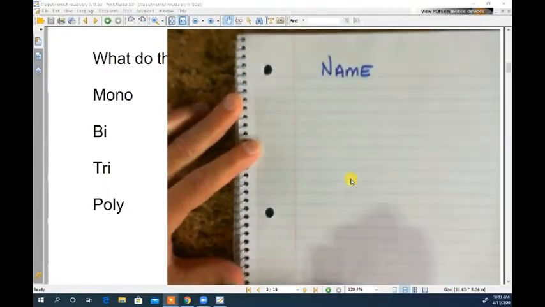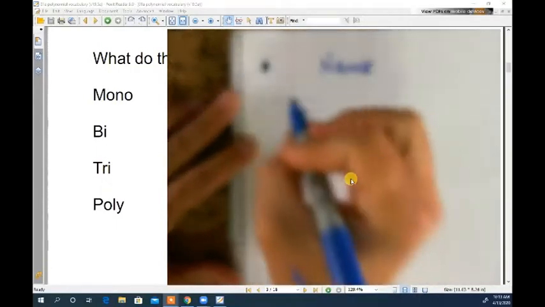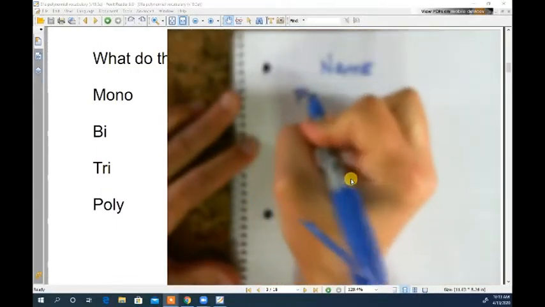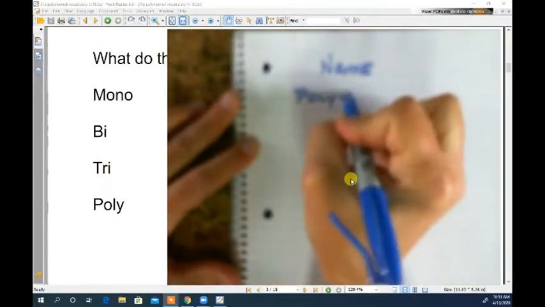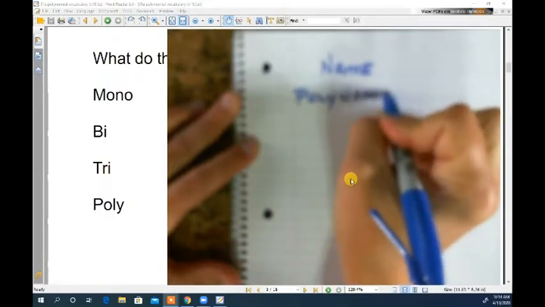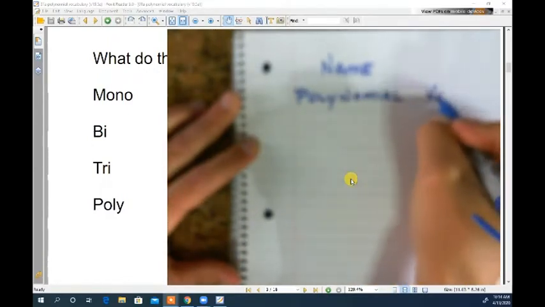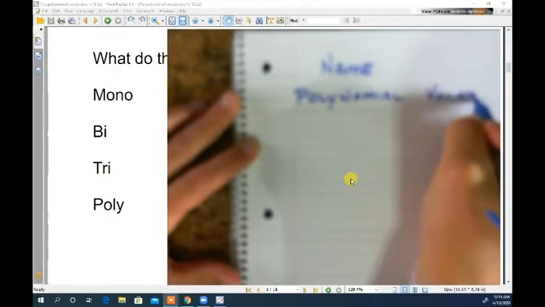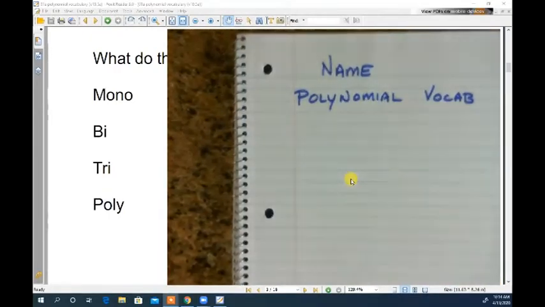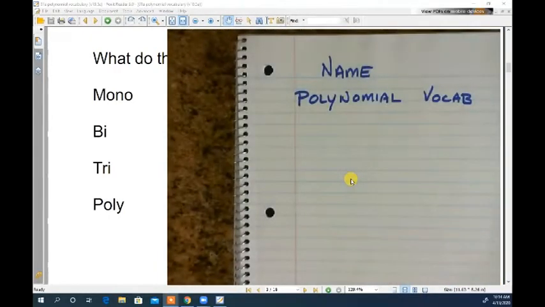And our title is Polynomial Vocab. Polynomial Vocab. And we have some terms here that we're going to need to know.